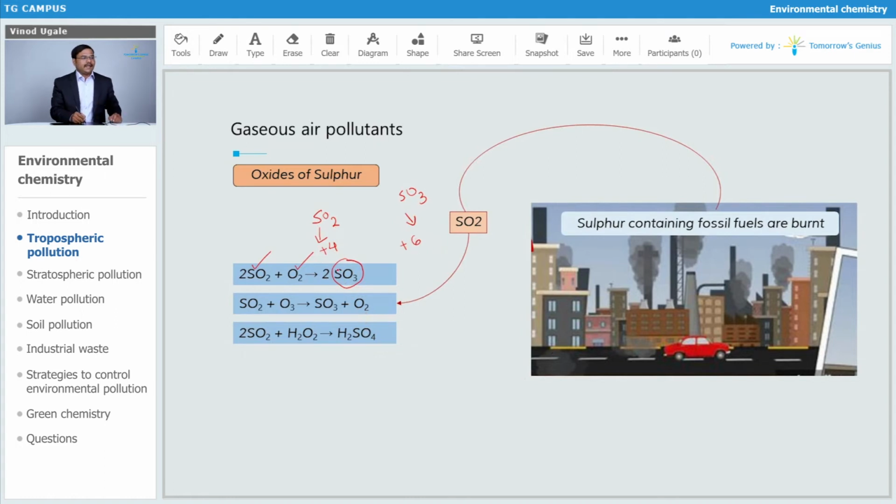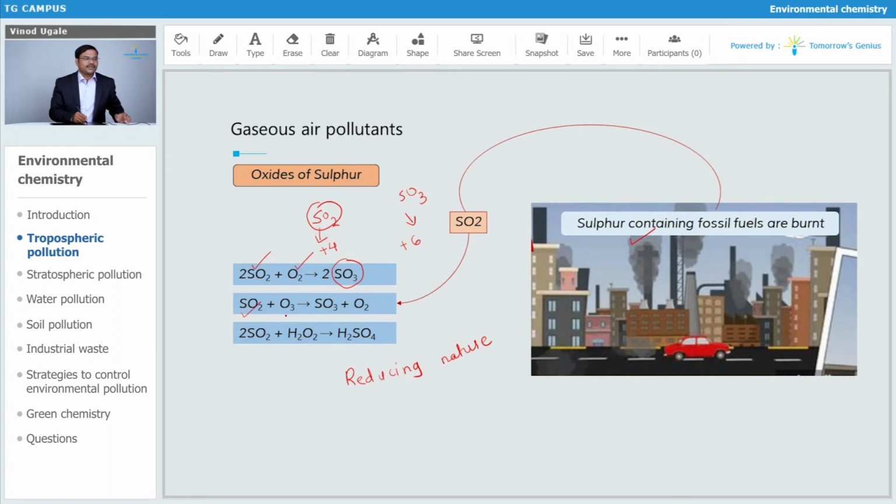So we can say that this sulphur dioxide generated by burning of fossil fuels is reducing in nature. How its reducing nature is going to affect us, we will see in the later slides.